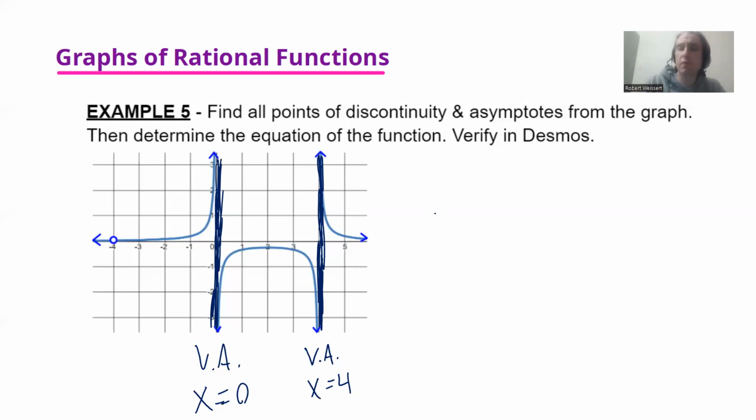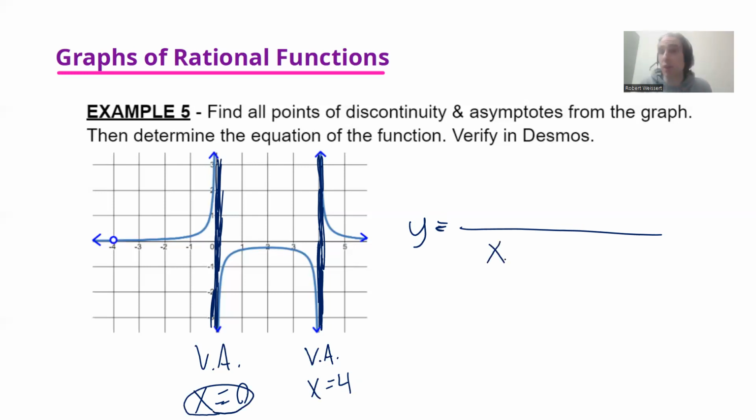So let's think about what this function would look like. I'll just say y equals. If they are non-removable points, then x equals 0 is going to give me a factor on the denominator that's just x, okay? Nothing else. X equals -4, well, that's going to give me a denominator.